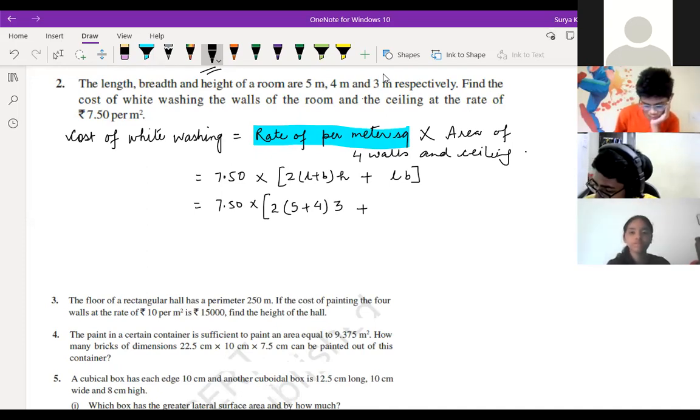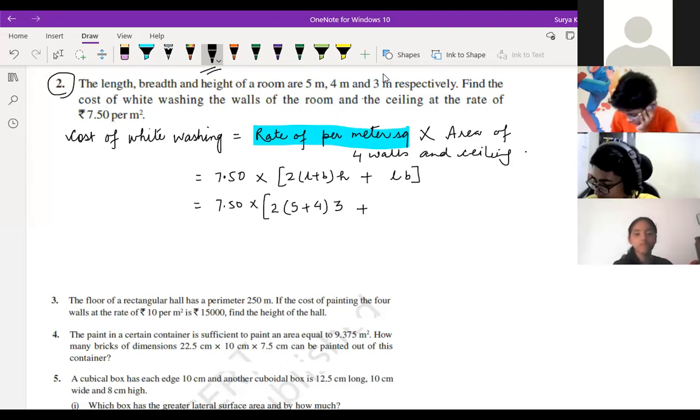So see the question: for this room, the length, breadth, and height are given, 5, 4, and 3. Find the cost of whitewashing the walls of the room and the ceiling at the rate of 7.50 per meter square.